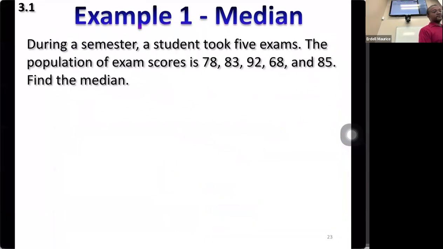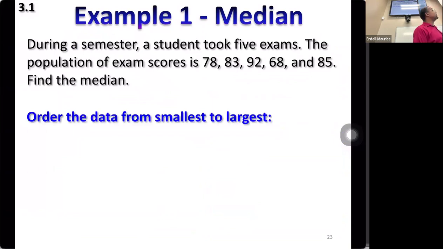So, for example, during the semester, again, the same numbers right here. The scores were 78, 83, 92, 60, and 85. If you want to find the median, what you need to do is put that data in order of size from smallest to largest, and then pick the middle number.